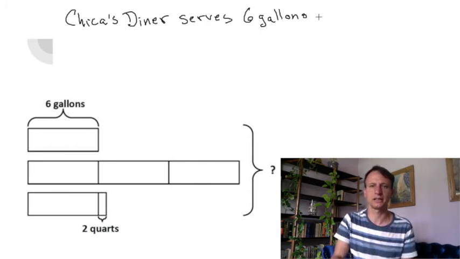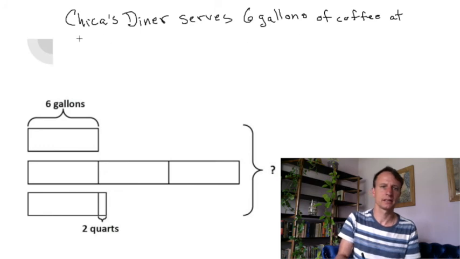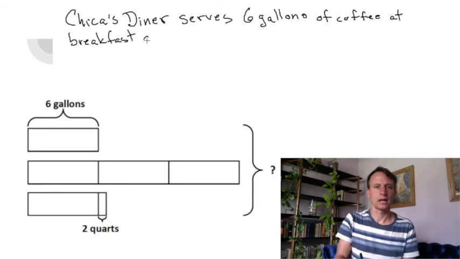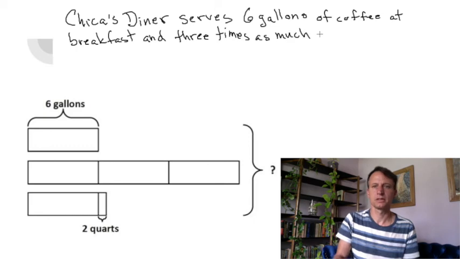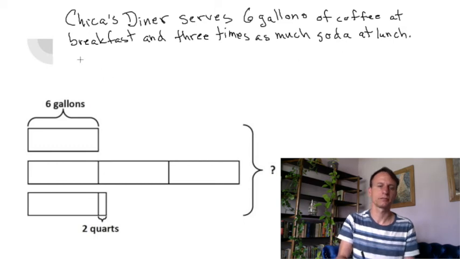Okay, so 6 gallons of coffee at breakfast, and 3 times as much soda at lunch.